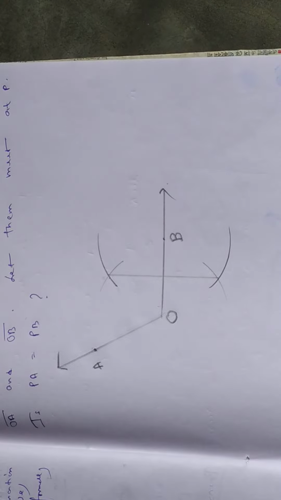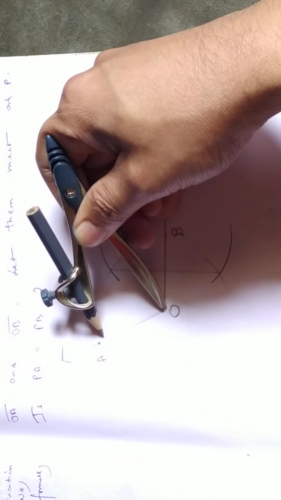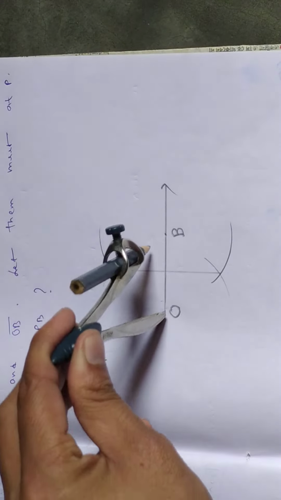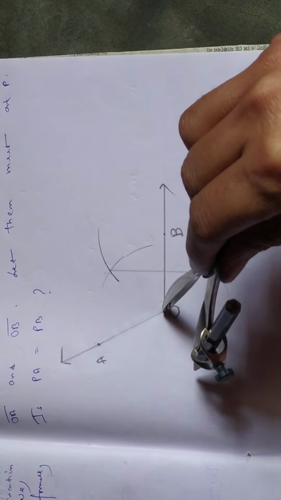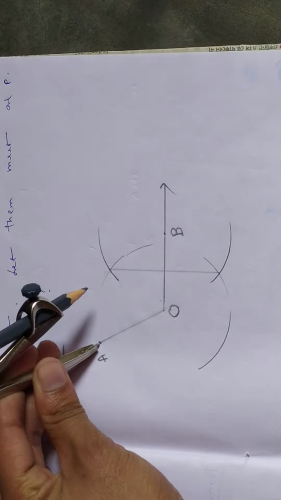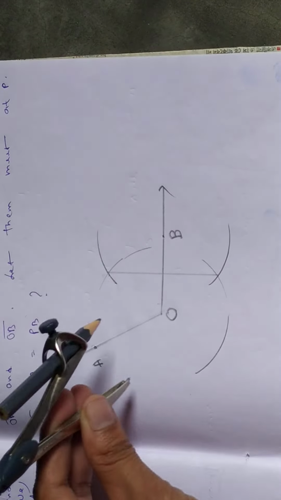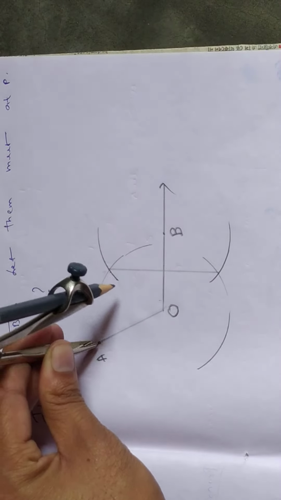Now again for OA, this one. So again you take more than half. So already we have taken, this is more than half. Now you draw two arcs. So here one and in the bottom here one, and from the A point, we have drawn from the O point and from the A point you have to draw another one.